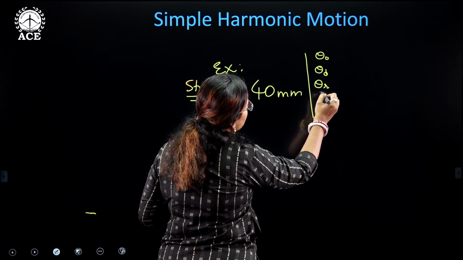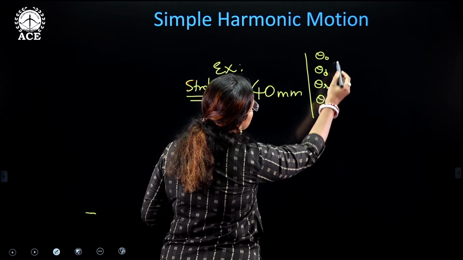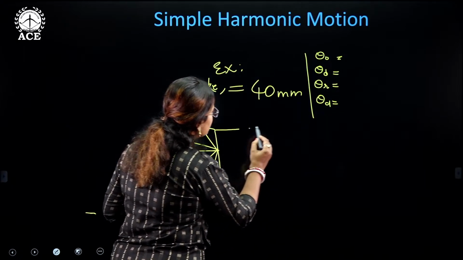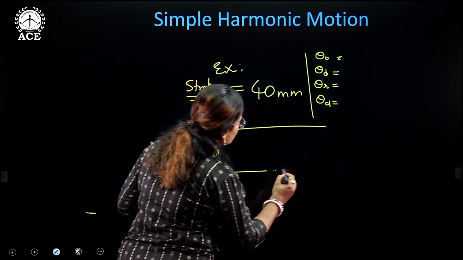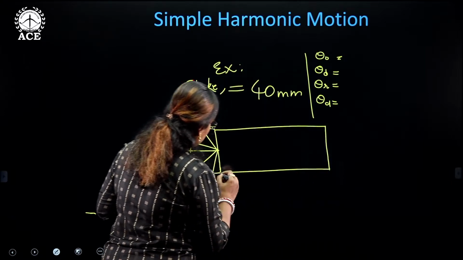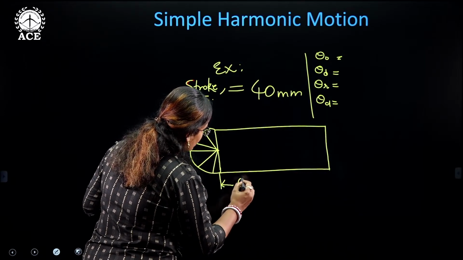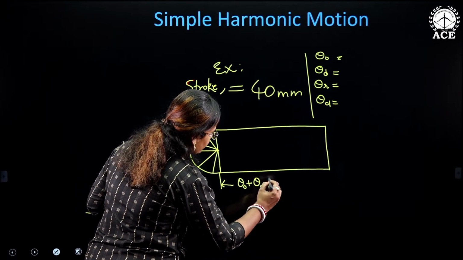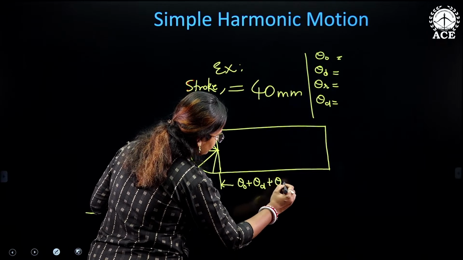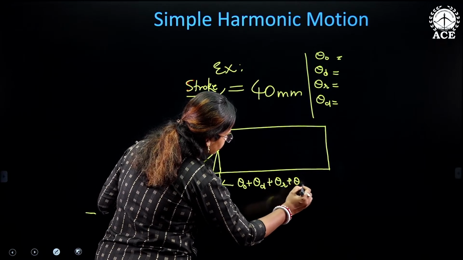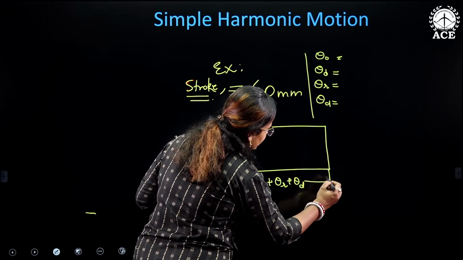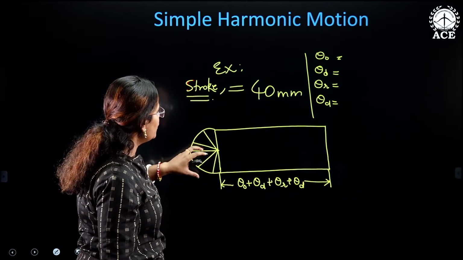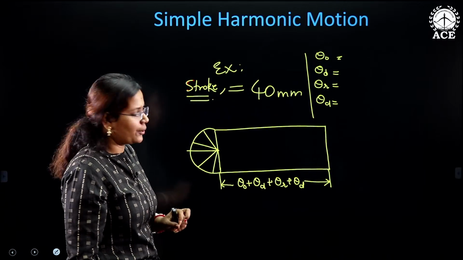For this, they will also give the cam rotation: outstroke rotation, dwelling rotation, return stroke rotation, and again dwelling rotation. So let us say some angles are given. I will extend this line such that the length of the line is equal to theta O plus theta D plus theta R plus theta D. The total length of this rectangle is this, and the width is the length of the stroke.